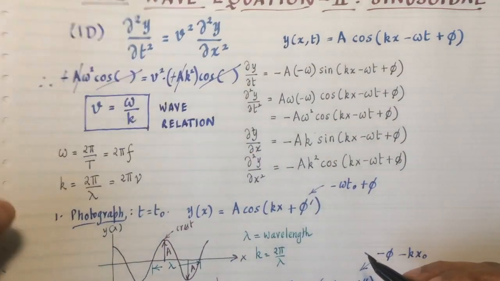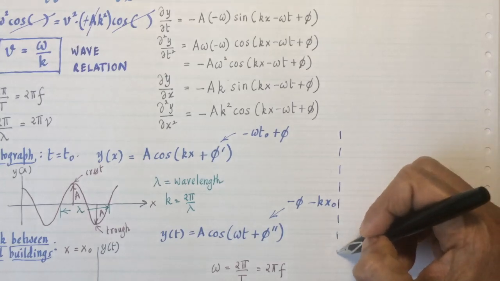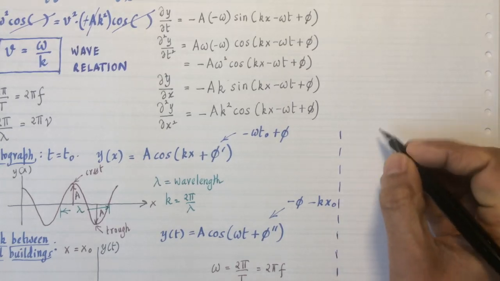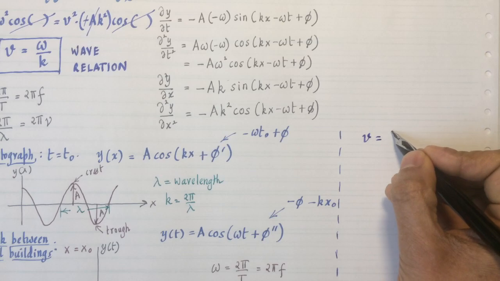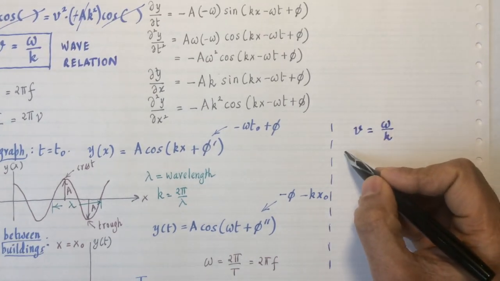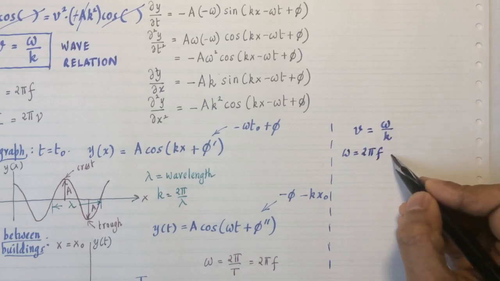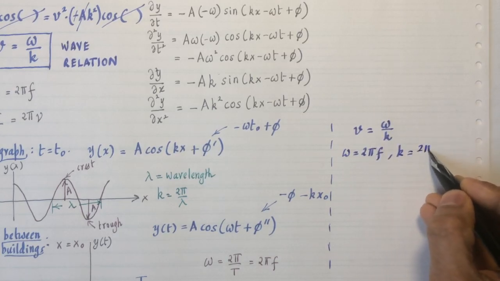Now let's write the wave relation using our newfound variables. Currently it's equal to omega: v equals omega over k. Now omega is 2 pi f, and k is 2 pi over lambda.